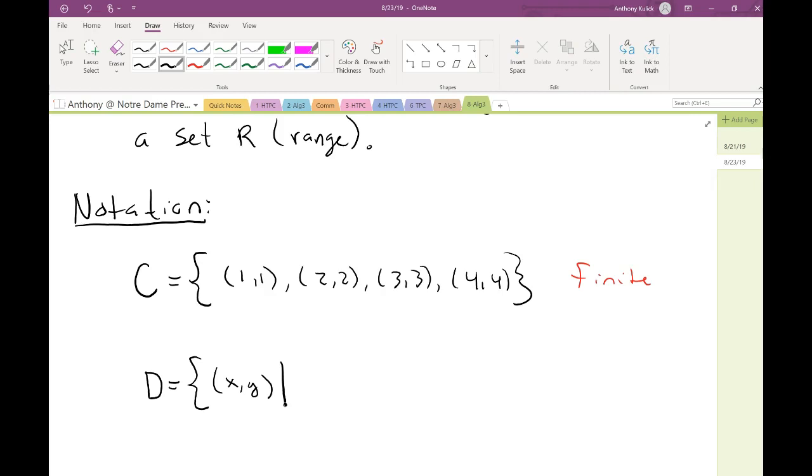Okay. So let's write a rule for that. Well, that rule would be that y equals x, right? That means that both the x and y coordinate are the same. You guys agree there?